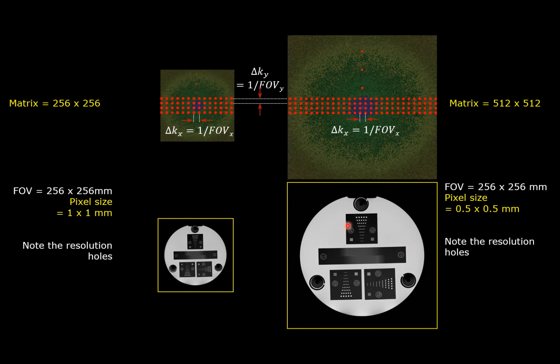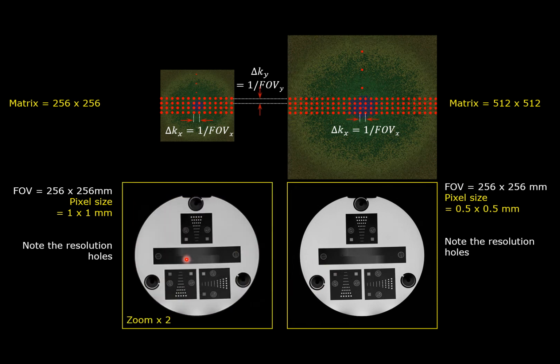The image on the right has a better spatial resolution compared to the one on the left, and if I just zoom the one on the left up by a factor of 2, then if we look particularly at these resolution holes, we can see the better spatial resolution on the image acquired at 512 by 512 compared to the image acquired at 256 by 256.